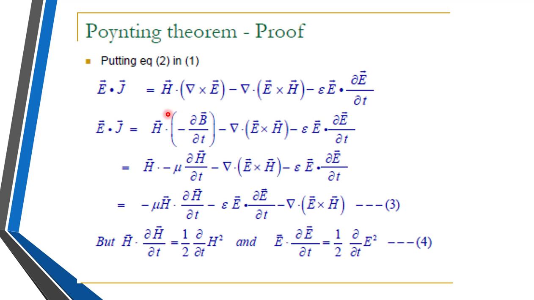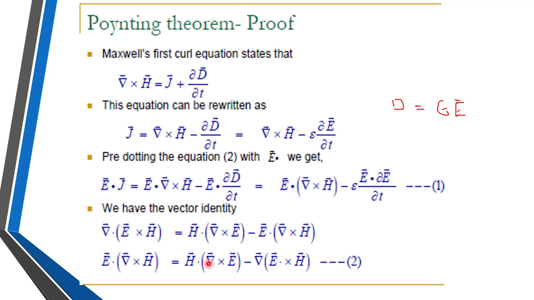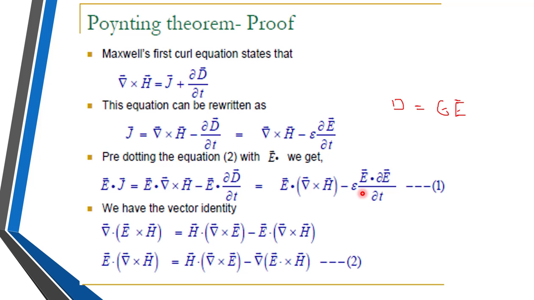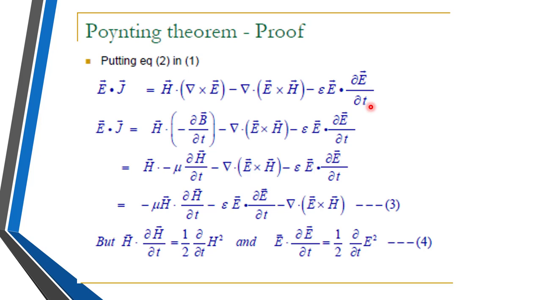So what will we get? Putting equation number 2 in equation number 1, we get E bar dot J bar is equal to H bar dot del cross E bar minus del dot E bar cross H bar minus, already there is the term, epsilon E bar dot dou E by dou T. Now del cross E bar is nothing but minus dou B bar by dou T, where B bar is the magnetic flux density.